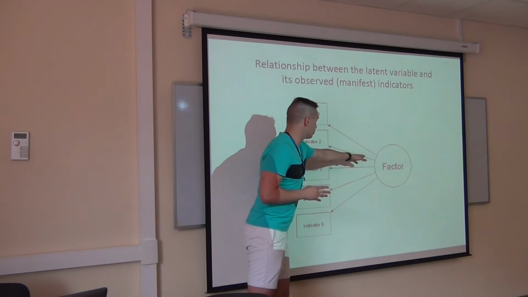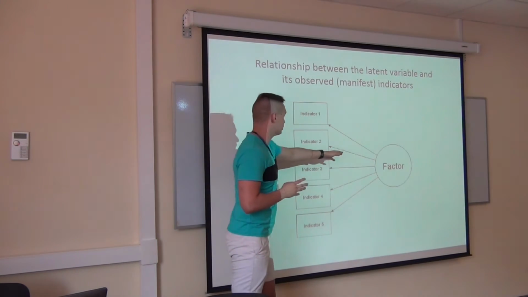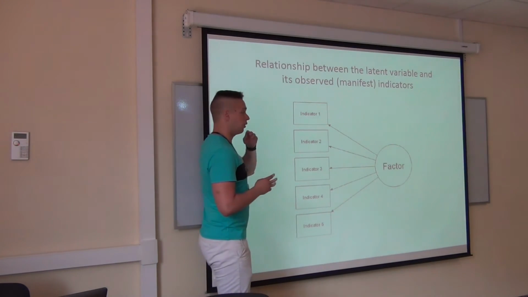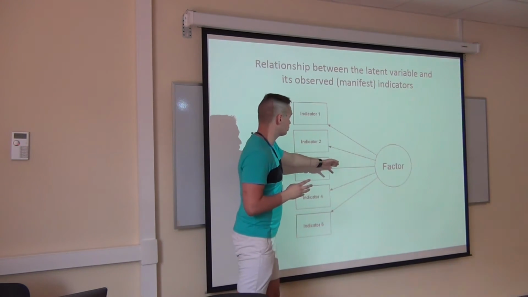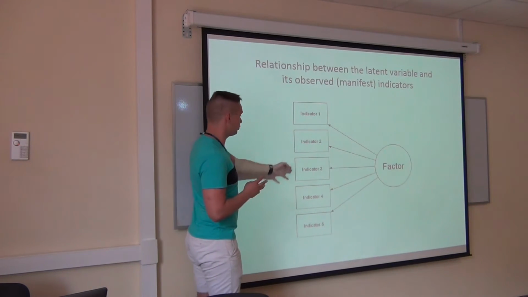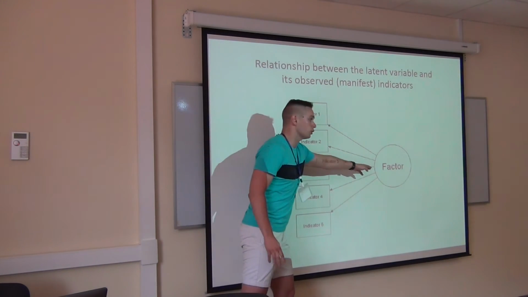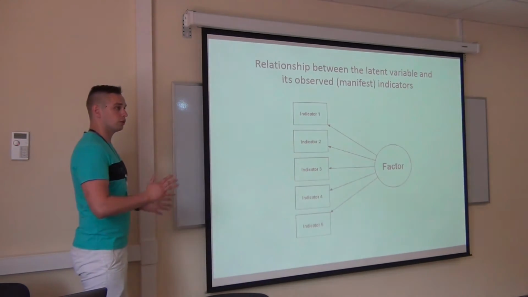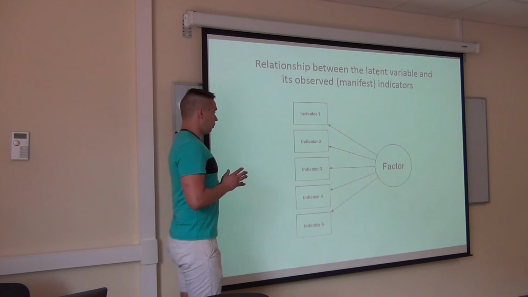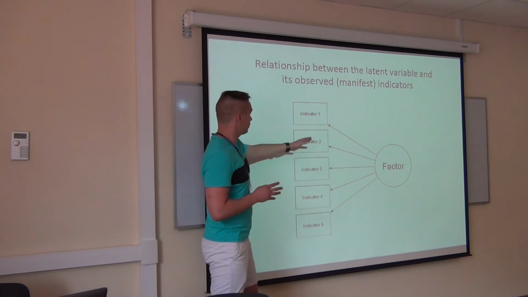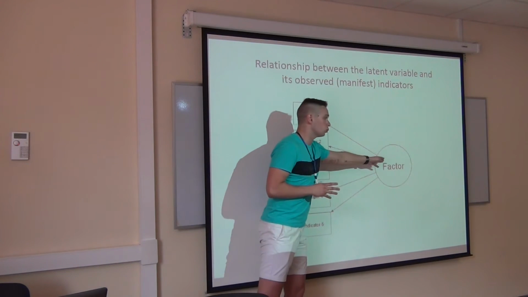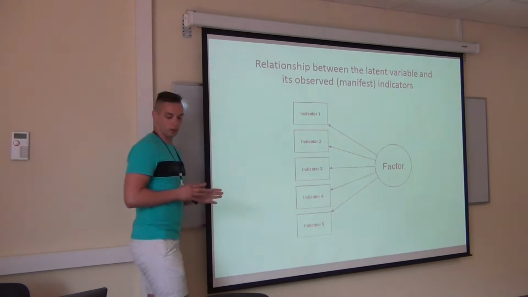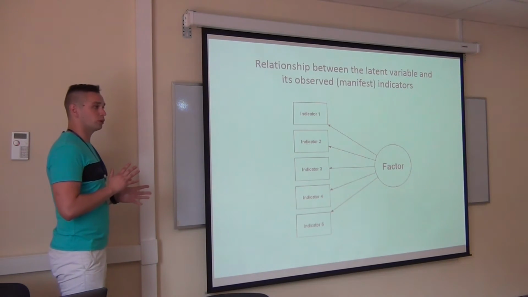The direction of causality, the direction of relationship between latent variable and observed indicators. When arrows which link latent variable and observed variables are directed from factor to indicators, we can say about factor model or latent variable model. But where these arrows are directed from indicators to construct, this kind of model is called formative model.